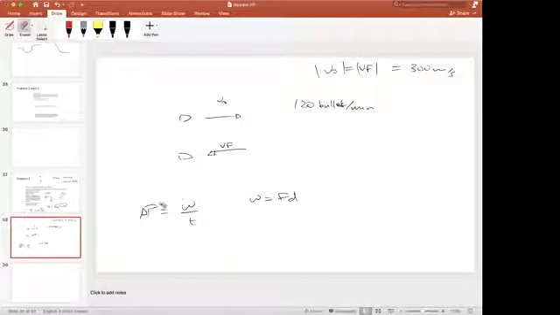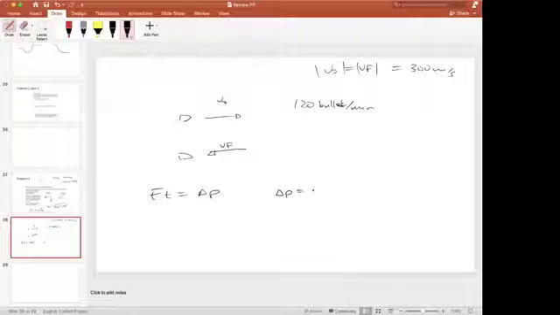In fact, erase all this stupid stuff. So for this problem, force times T is equal to change of momentum. And what we want to know is the change of momentum over T to get the force, right? So to find this force, divide through by T. We want to know the force of these bullets on him. The change in momentum is just the change in MB, so it's MB final minus MB initial.